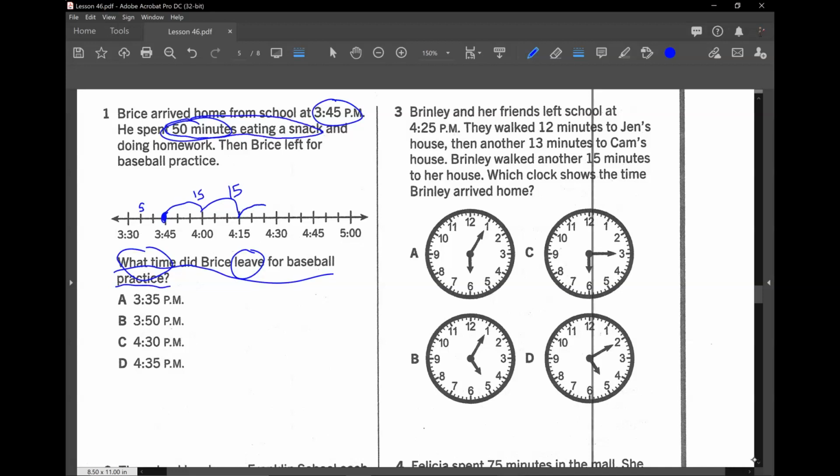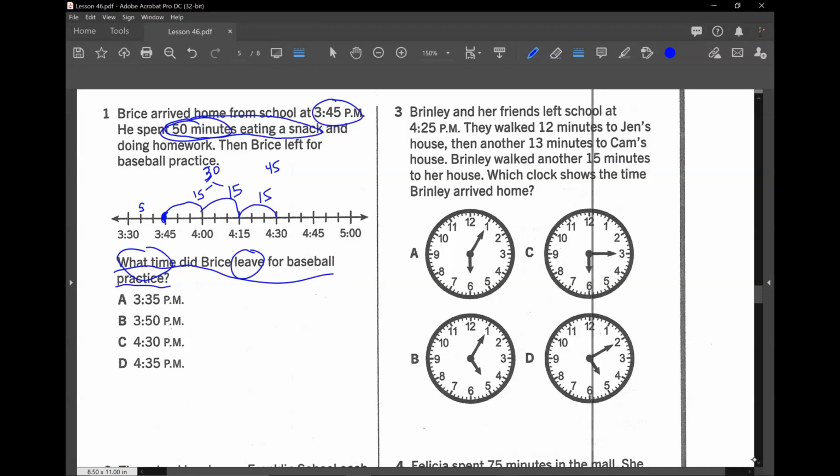I know from here to here is 15 minutes. Okay. So if I do 15 plus 15, that's 30. And if I do 30 plus 15, that's 45.